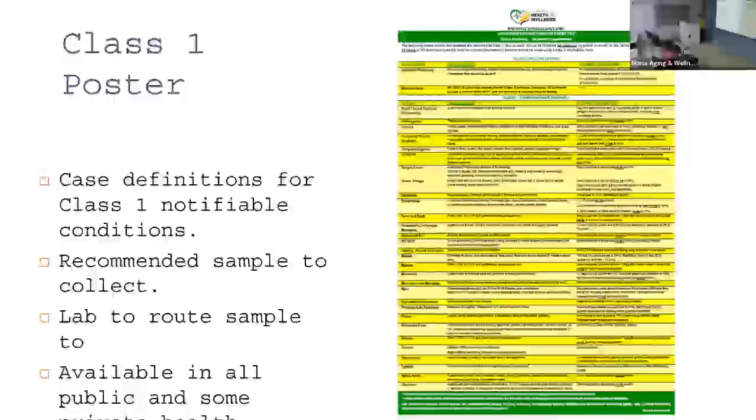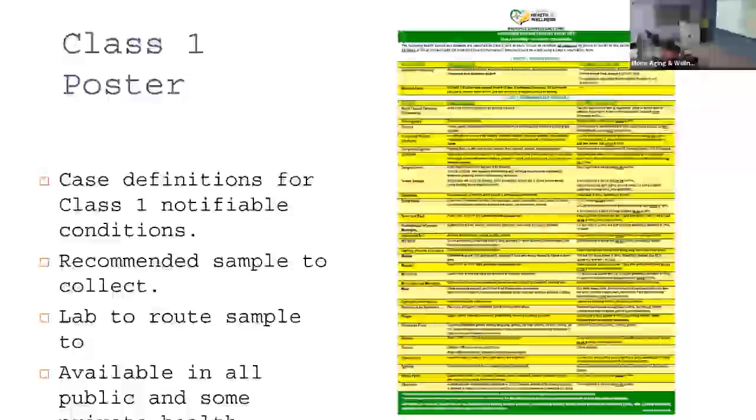So it now includes COVID-19, Zika, chikungunya, Mpox, and updated case definitions are there, along with what specimen to collect. So it's there on the class 1 poster if you're in the public health facility, but they're also disseminated to the MAJ to give to doctors that have private practice. So this is available with the case definition.